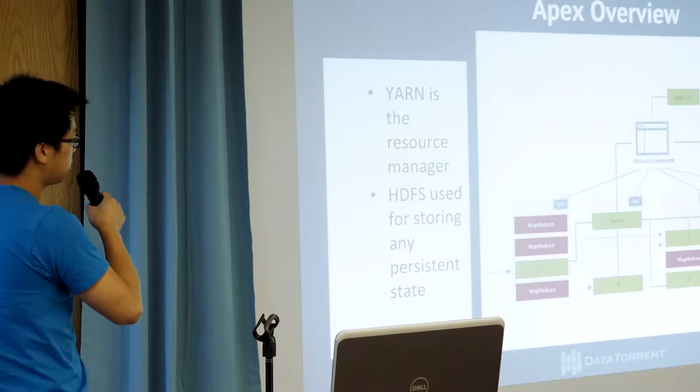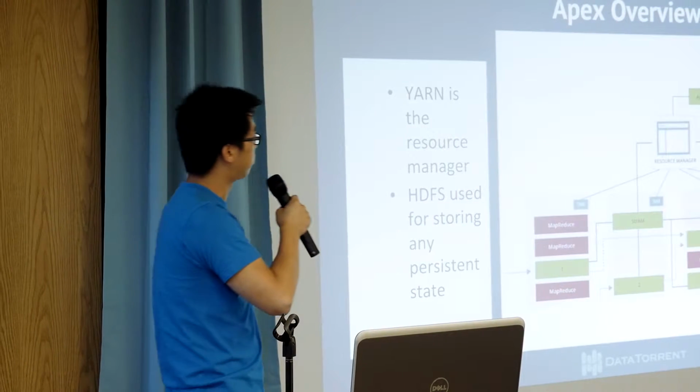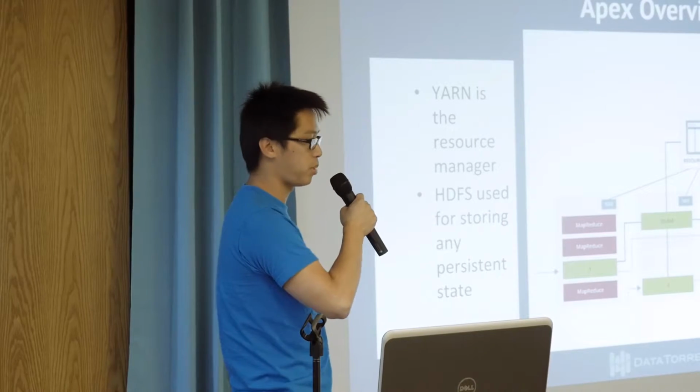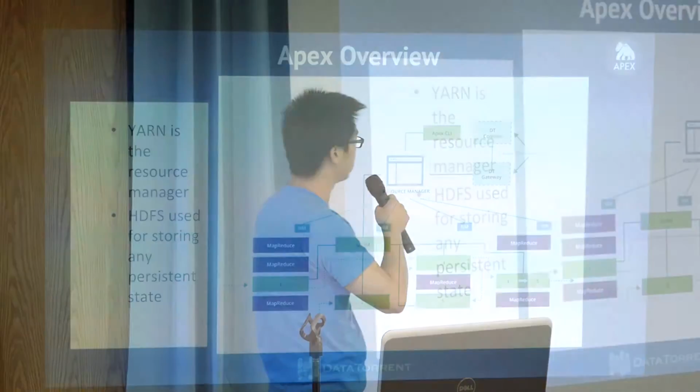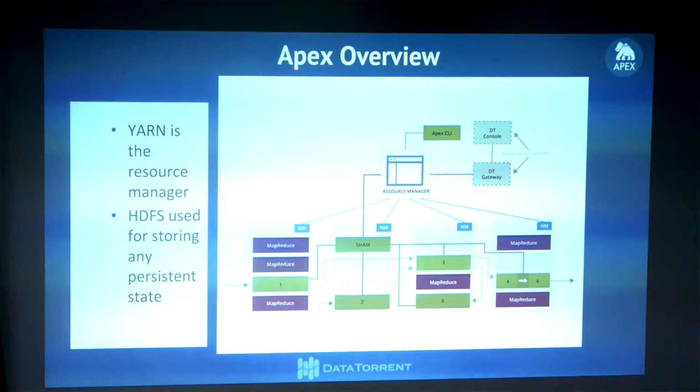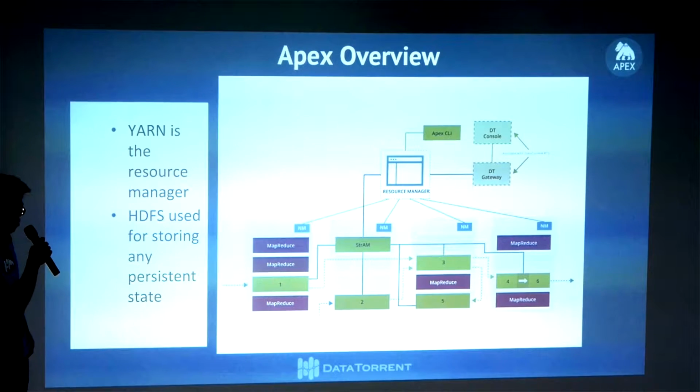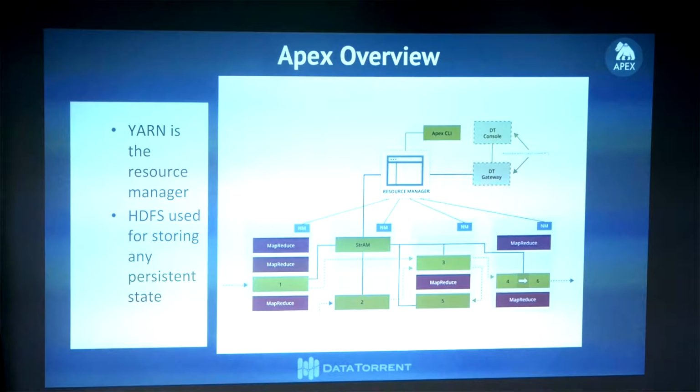This picture gives you an idea of the different components in an Apex application, and how an Apex application uses Yarn to do distributed computing. Over there you see this small box called Apex CLI. It's a command line tool in Apex.